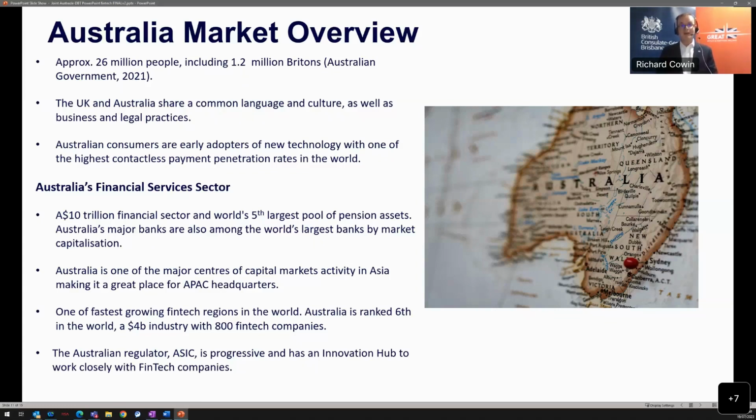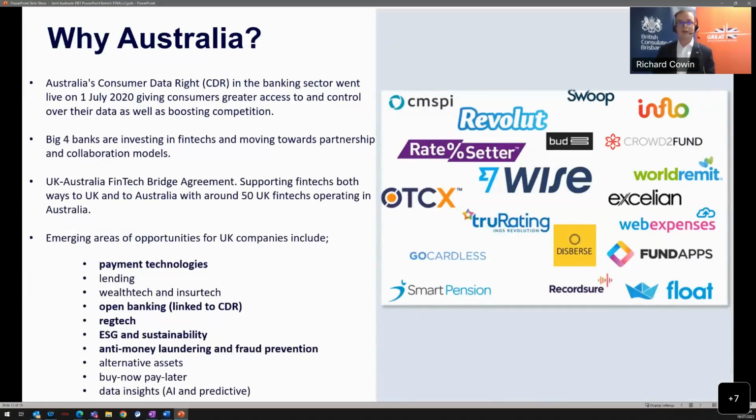I mean, that's another slight joke, but actually higher disposable income rates here are quite different to those in the UK. Anyway, just to keep things moving, let's go on to the next slide and look a little bit more about why Australia and why it might be a good market for you.